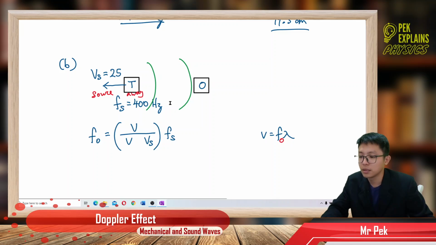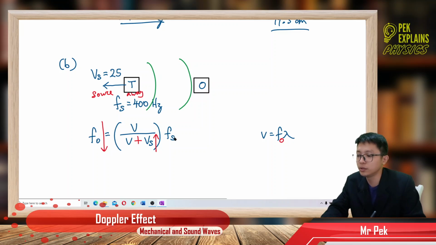When the source moves away, the observed frequency will drop, so we need to make the denominator higher. Here we need to put positive, so the denominator becomes bigger and the observed frequency becomes smaller. We have Vs below.